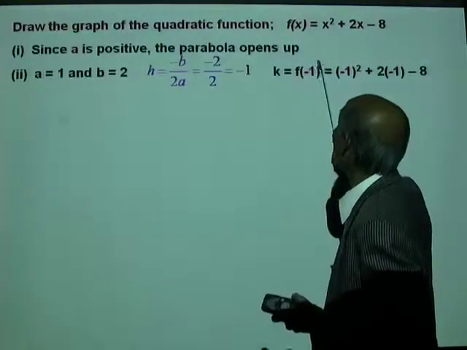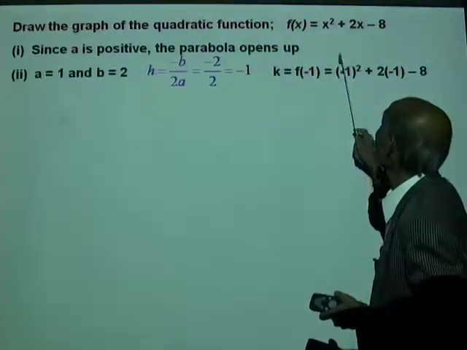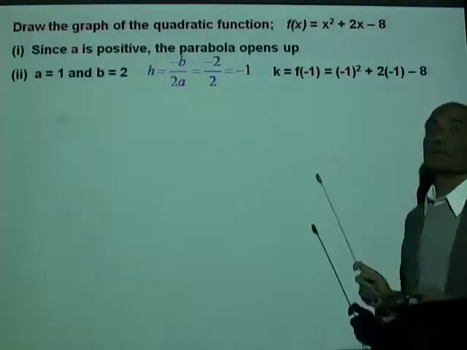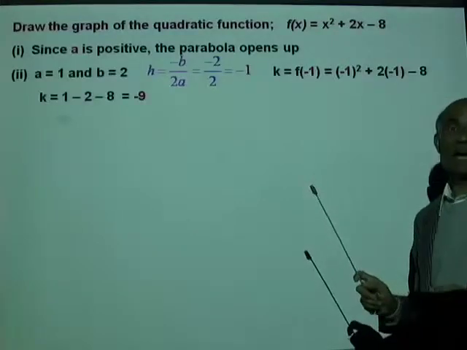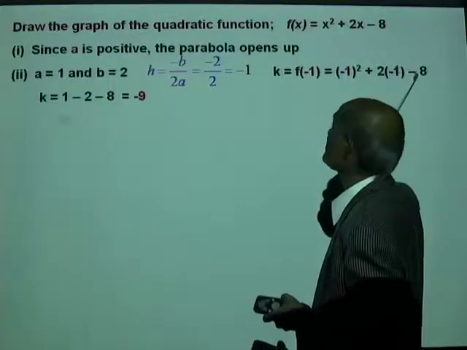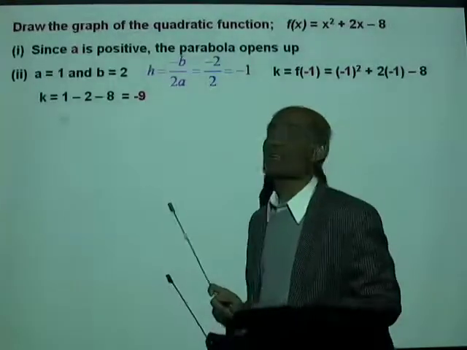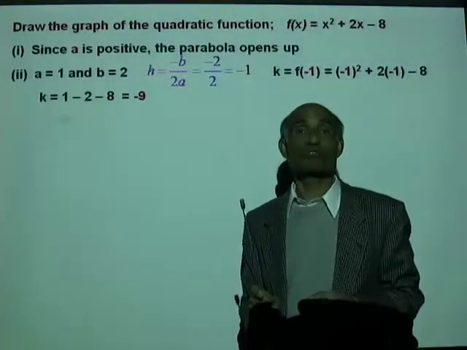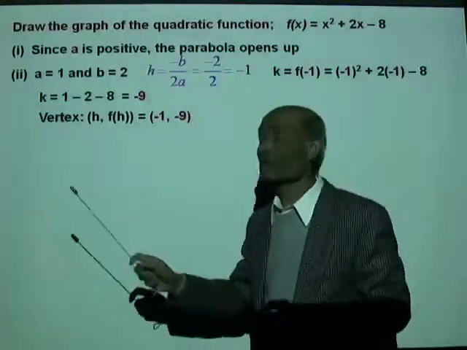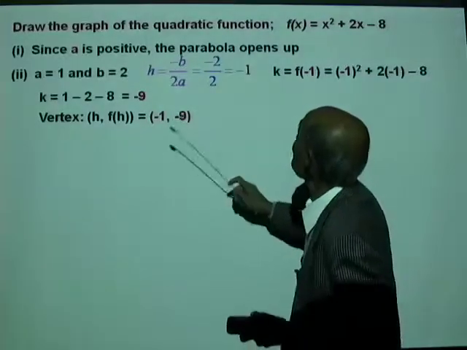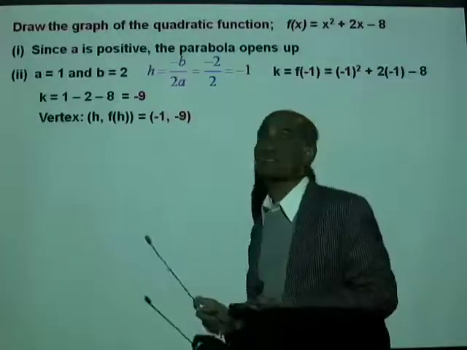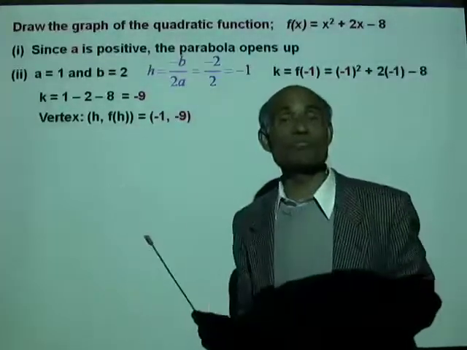K equal to f of -1, which is -1 all squared plus 2 times -1 minus 8. And that gives you k equal to 1 minus 2 minus 8, and that is -9. Your h is -1, and your k is -9, and that is your vertex.